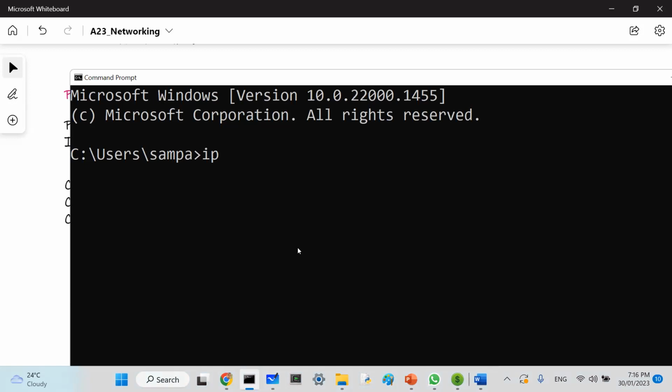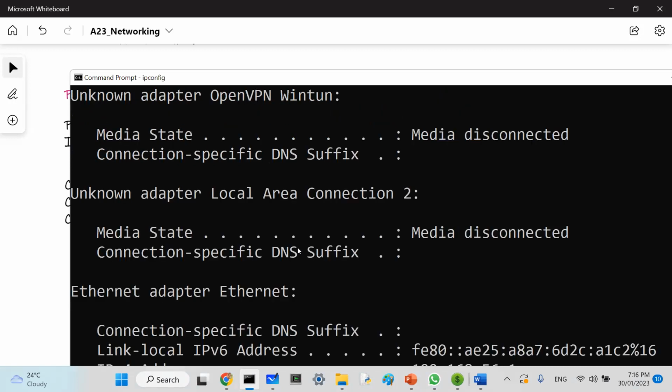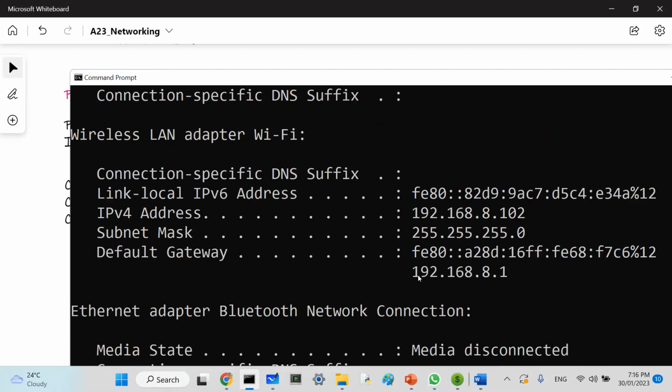If I run ipconfig, it will give us IP addresses. So in this particular machine, for example, the IP address allocated is 192.168.8.2. This is a class C address. So generally, when we connect to the internet and create the network, this is the class we are getting.